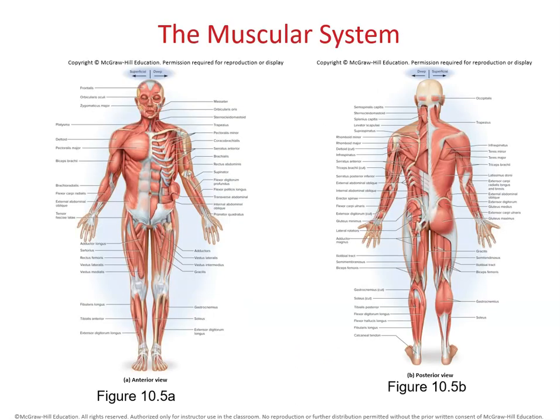Okay, so 600 muscles. This doesn't even show them all in this one picture. One thing that I want you guys to notice is we have a distinction here between superficial and deep muscles, and we can see superficial and deep muscles here on the two sides of the body. Because the muscle system is multi-layered and complex, a lot of times there are muscles that are obscured by another layer of muscles, more superficial.